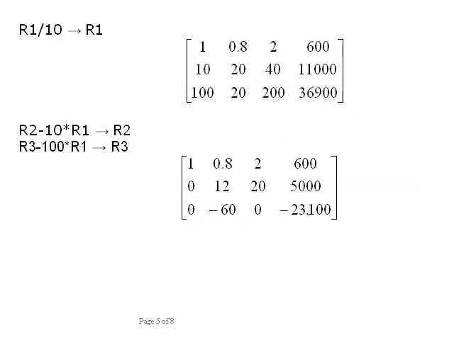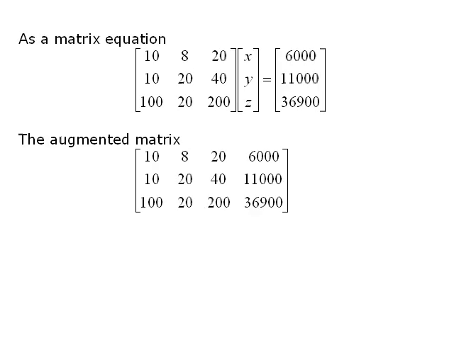Now I'm going to go through the steps of Gauss-Jordan to find the number of product X's that I should ship, the number of product Y's, and the number of product Z's. So I started with my original matrix. Let's go back and look at that for 1 minute. Recall that the goal for Gauss-Jordan is to turn the coefficient matrix into the identity matrix. So this is where we're going.